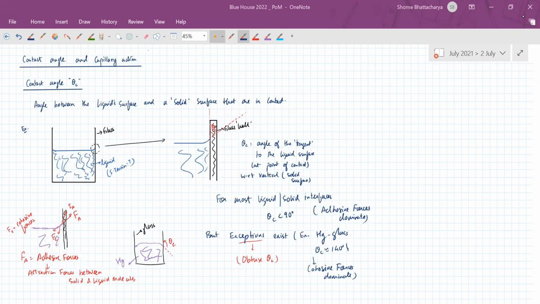Those are both adhesive forces. Adhesive forces act in the direction like liquid molecules at the surface at the point of contact experience forces towards the glass, sort of upwards. Whereas they are being pulled down by cohesive forces. So if the adhesive forces dominate over the cohesive forces, they both FA.